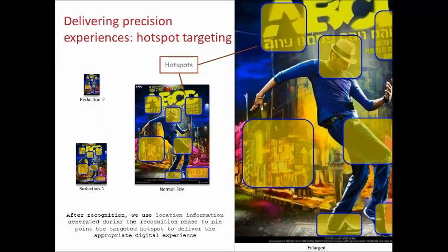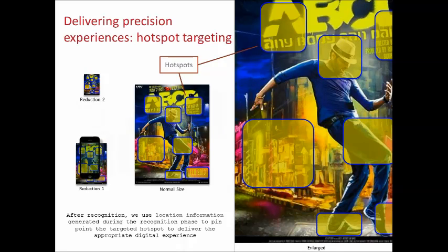All these different regions are called region hotspots in Ocutag. Now the same thing, right? When somebody snaps on the user's hat on an A4 size sheet, they get the digital content associated with that hat. You blow up the image and again somebody snaps on the hat, they get the same experience.